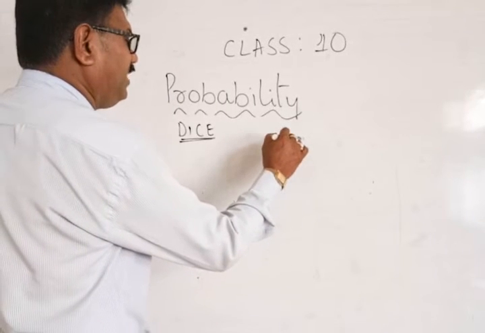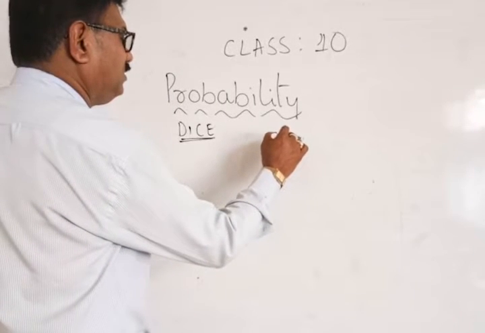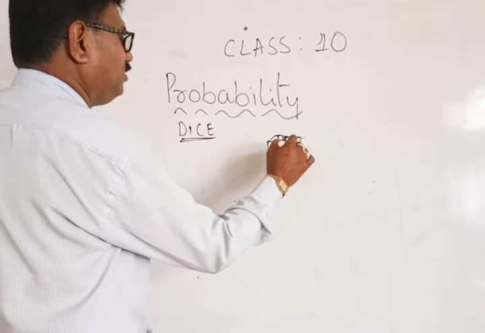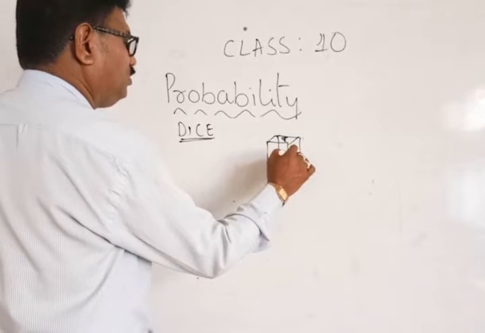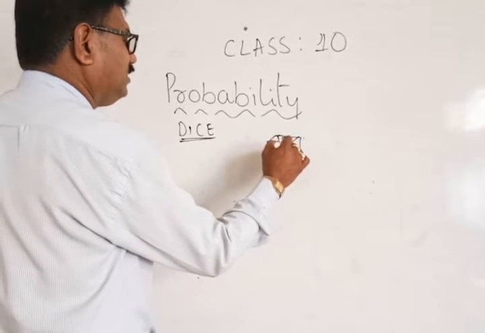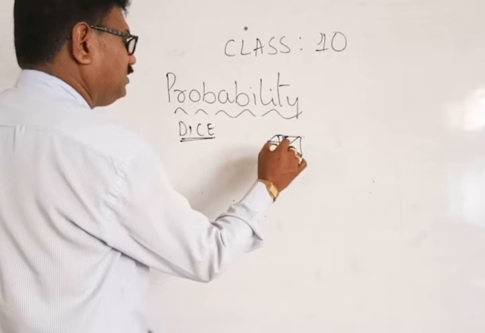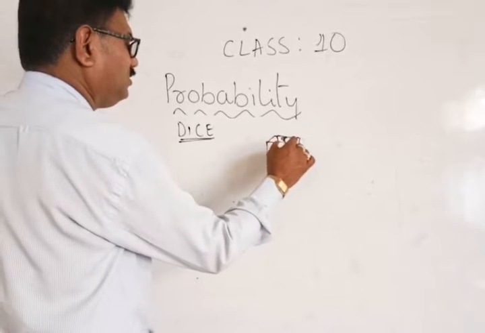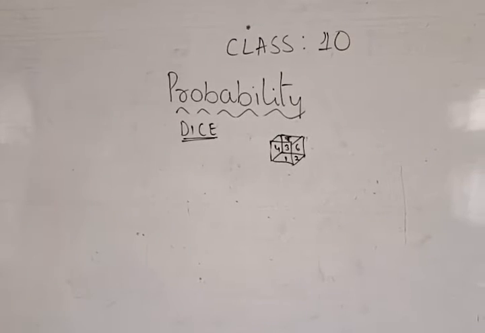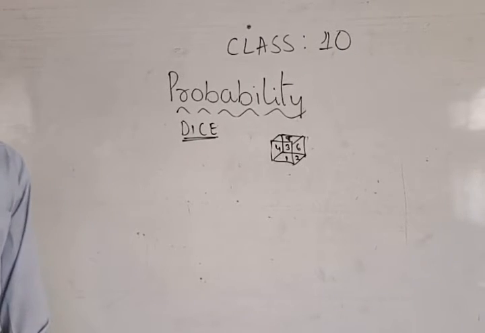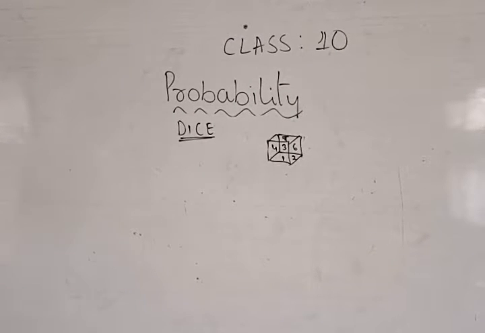So all will be 1, 5, 2, okay? 3, 4, 6. How many numbers will be there? 6 numbers will be there.